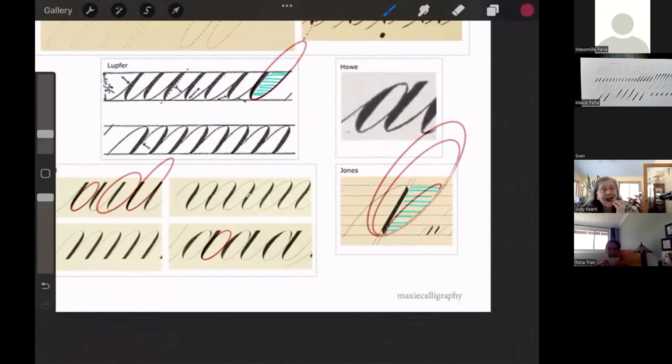Since we don't really have a lot of time, when we get to the actual letters or alphabet, I'll be employing my own personal choice of somewhere in the middle, not too round, not too angular. I'll leave it up to you to follow which style you prefer more and to experiment with your basic strokes. With all of that said, I know you're all excited to get to writing.